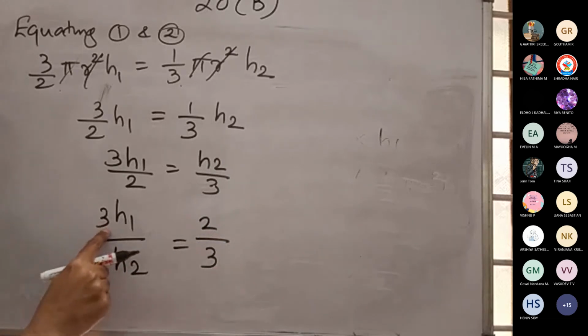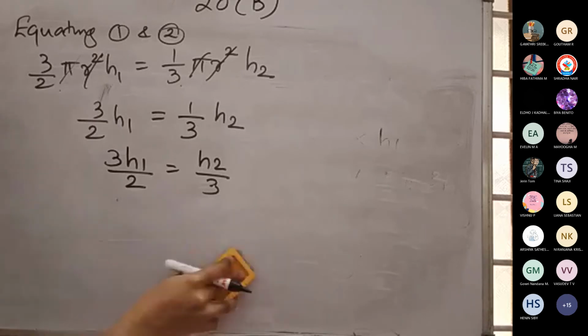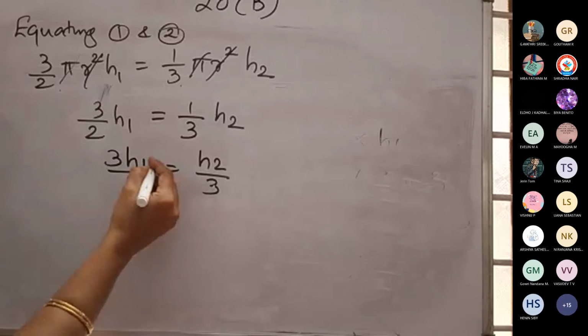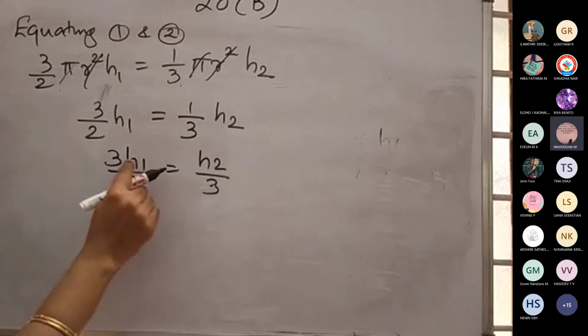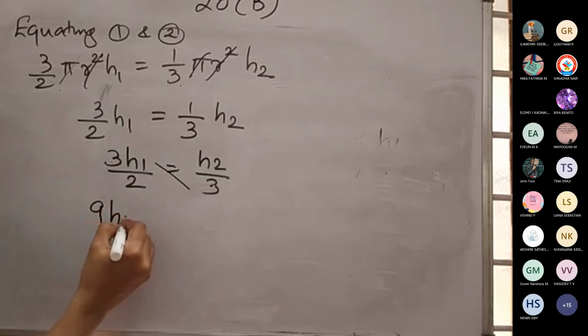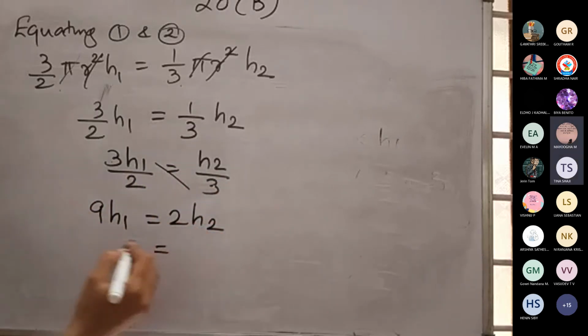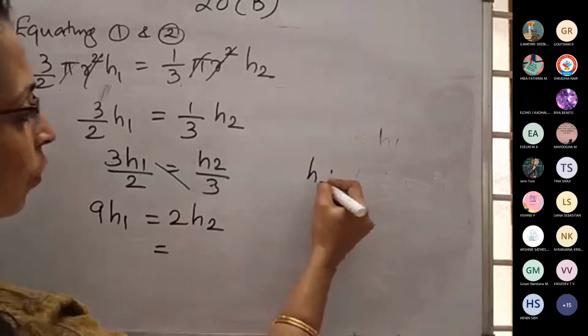But we don't want 3H1. Which method are you following? Or cross multiplication method? Okay, cross multiplication. 3 into 3, 9H1 is equal to 2H2. Then we need H1 is to H2.